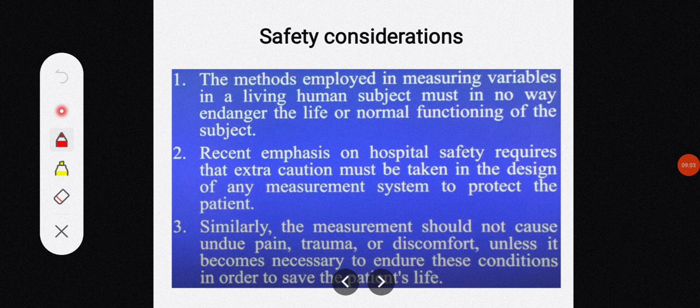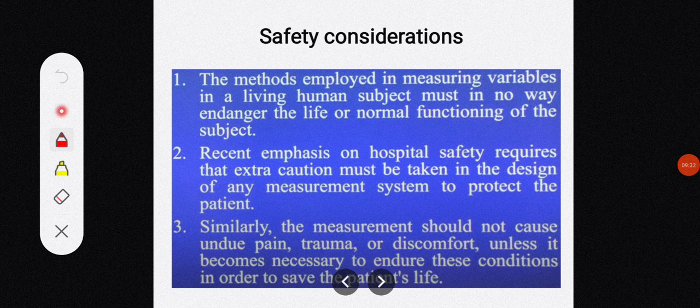But in normal conditions, the devices introduced inside or used on the human body for measuring physiological variables should not cause undue pain, trauma or discomfort, or endanger the life or normal functioning of the living system.